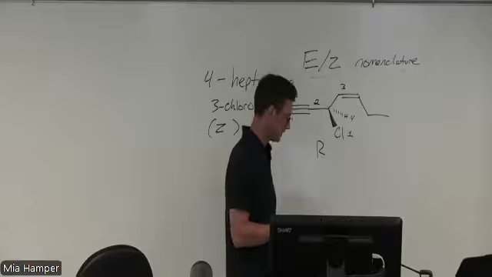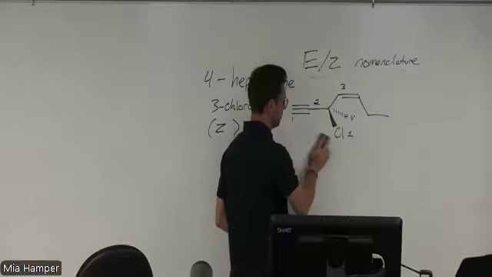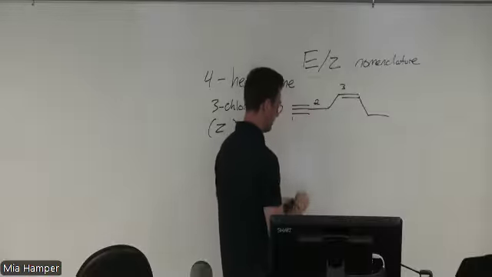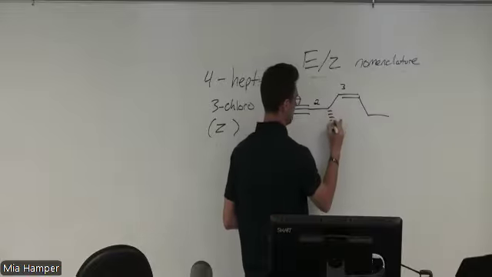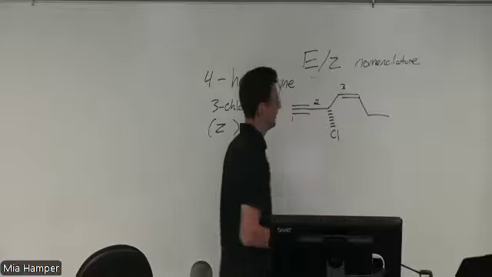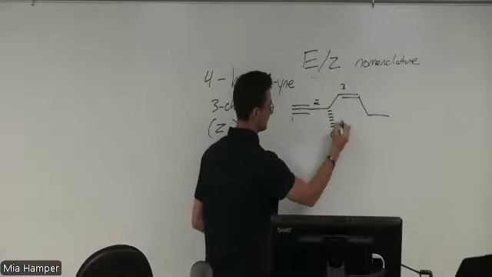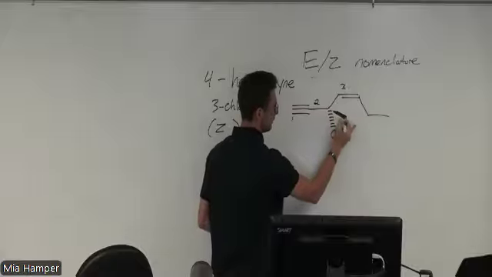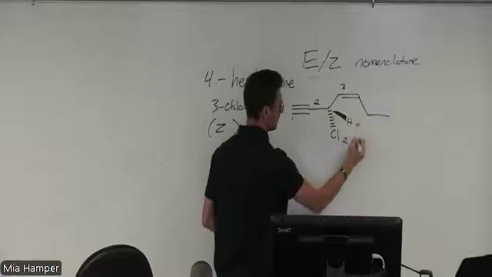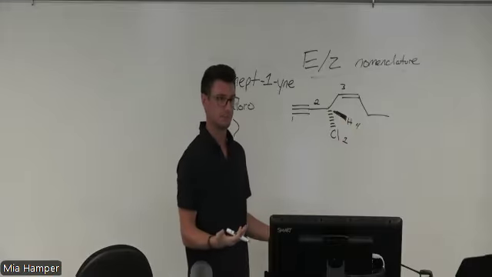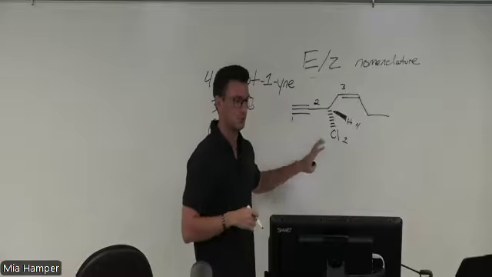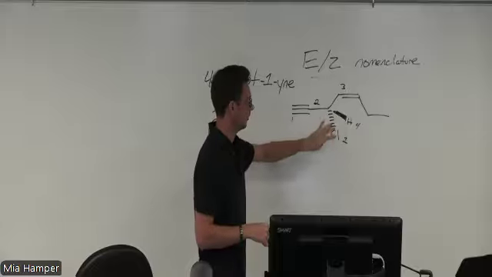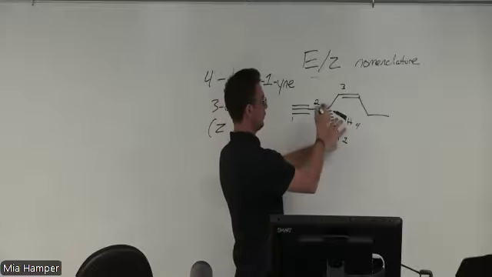So just to illustrate this, again, this is not meant to be a chirality lesson, but let's just say this chlorine was dashed. We have our implied hydrogen as wedged. All the priorities remain the same. Well, we ignore what's dashed, which is our first priority in this case. 1, 2, 3.